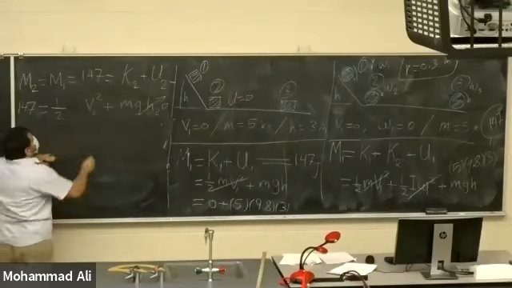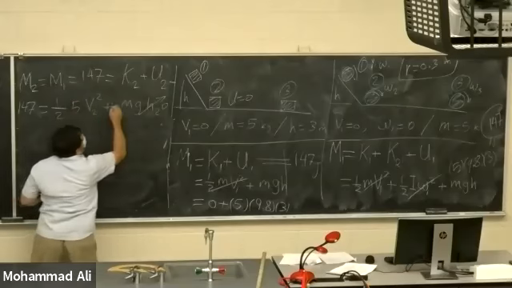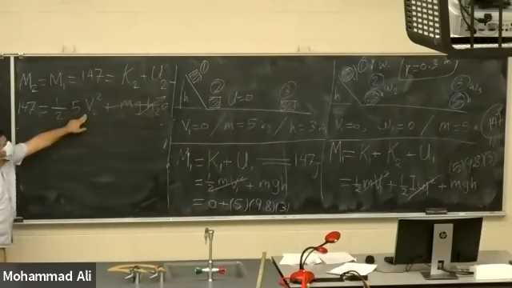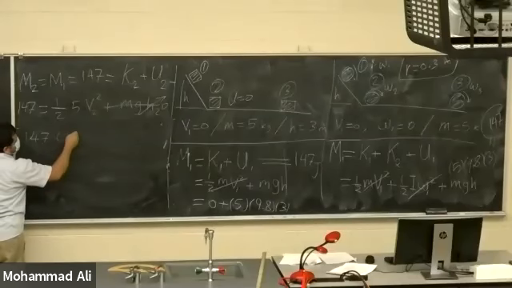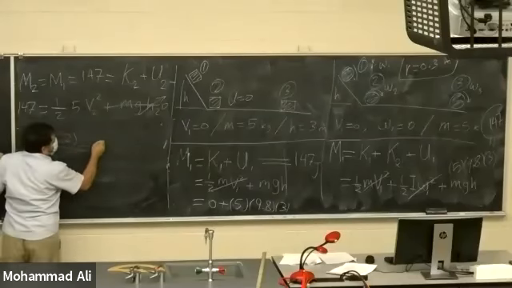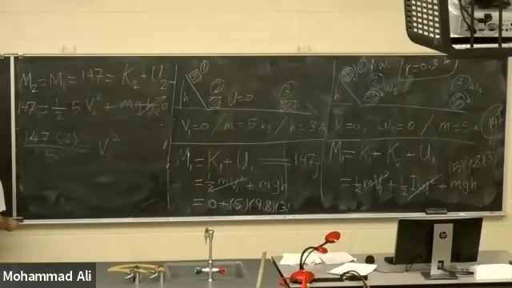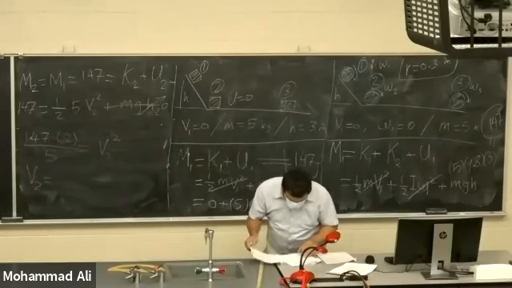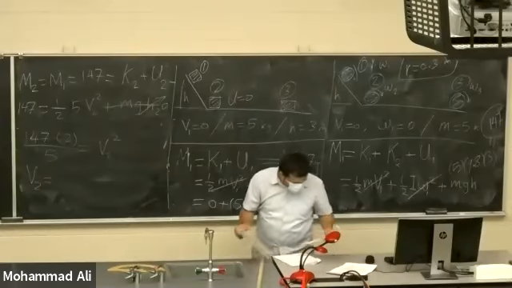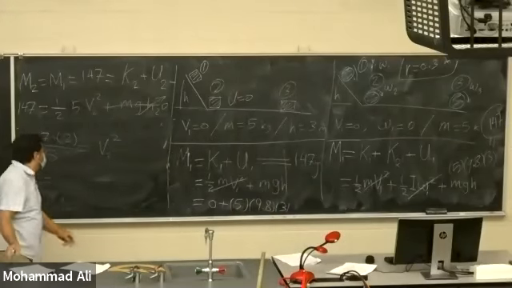The mass is 5. I need to find the velocity. Just 147 multiplied by 2 over 5 gives v2 squared. Just take the root of that. V2 will be equal to, how much? It will be 7.7 meters per second.